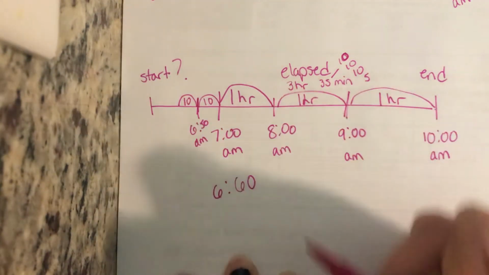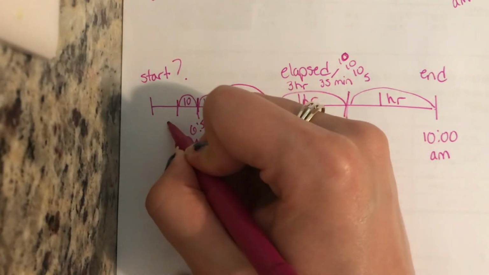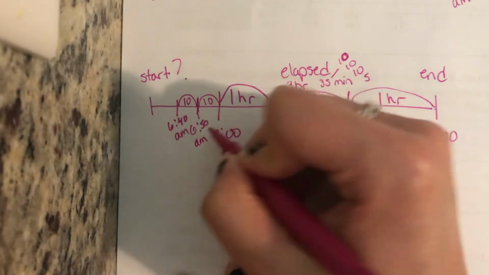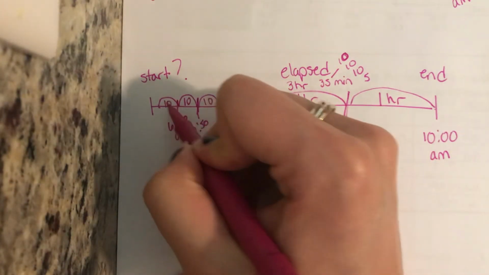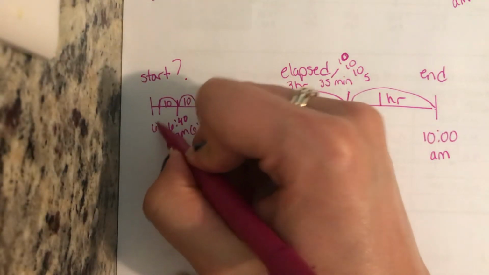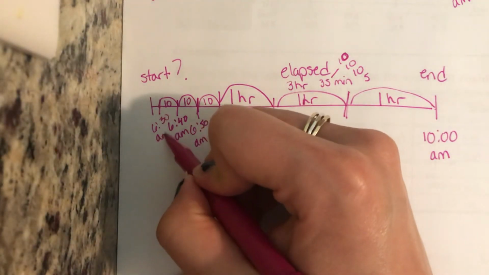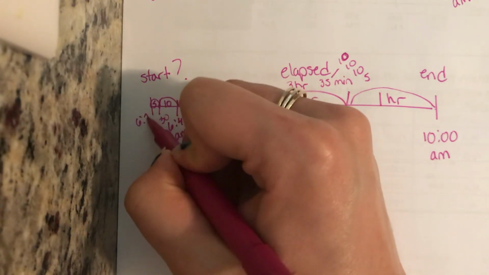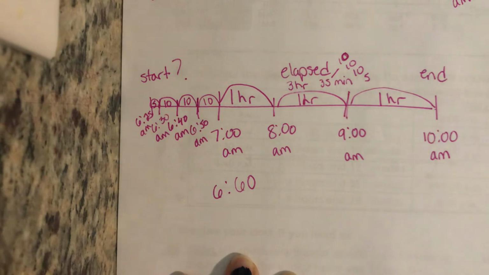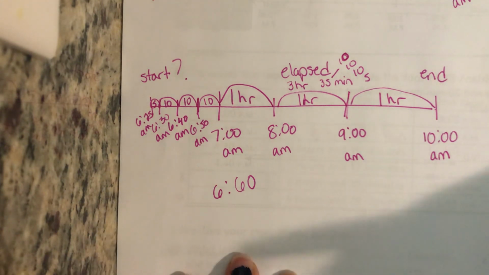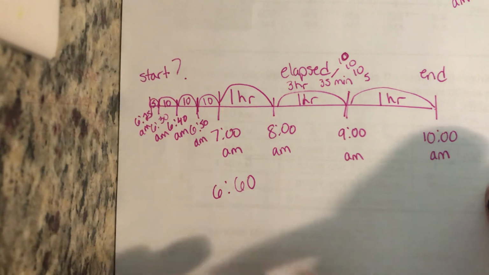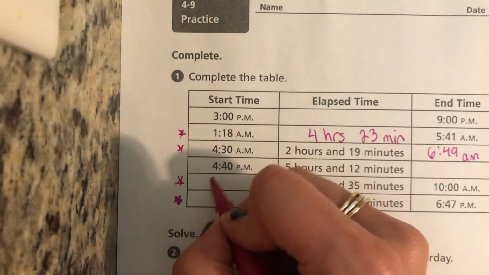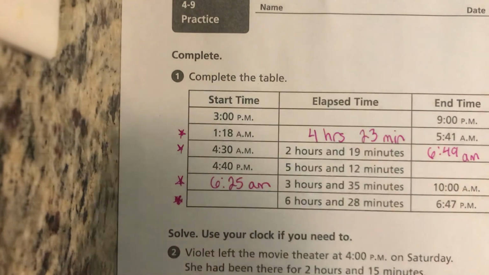Do another 10. 50 minus 10 is 6:40 a.m. Do another 10 is 6:30 a.m. And then the 5-minute jump gets me to 6:25 a.m. as my start time. So start time can be tricky to find if you're not careful counting backwards. So here in the box for start time, we can say 6:25 a.m.